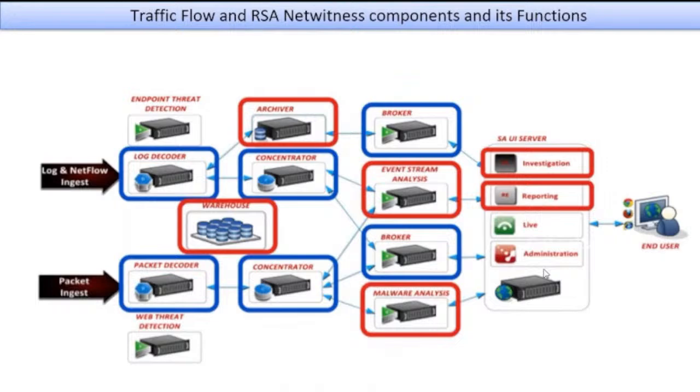They are both active, not standby. Both will be active at the same time, but once the collector senses that the decoder is failing or it is not able to send, it starts sending the data to another decoder. So both are active at the same time, but only one can ingest. Both cannot ingest.